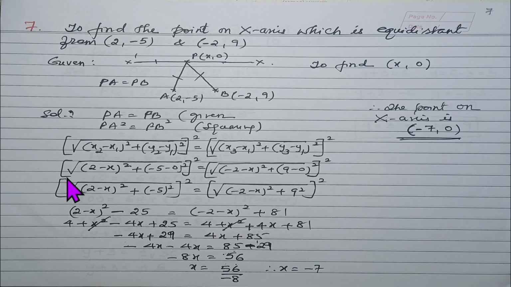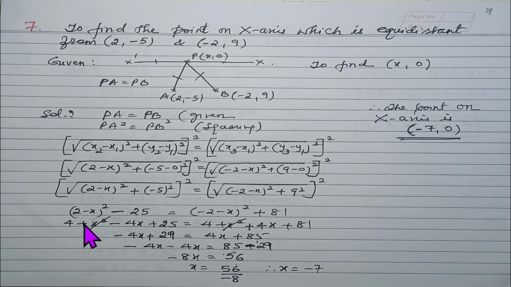Simplifying this, applying the (a minus b) whole square formula, we get 2 square is 4 plus x square minus 4x plus 25, then we have minus 2 square is 4, plus x square plus 4x plus 81. So x square gets cancelled here.